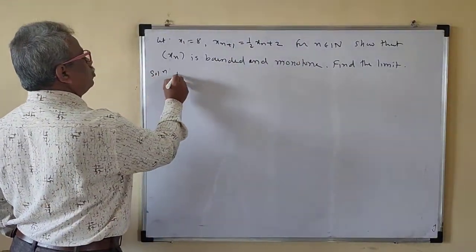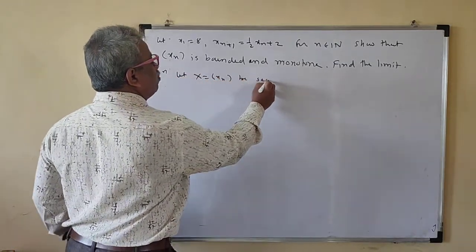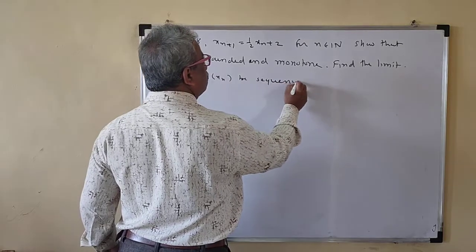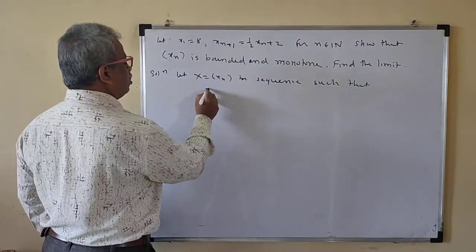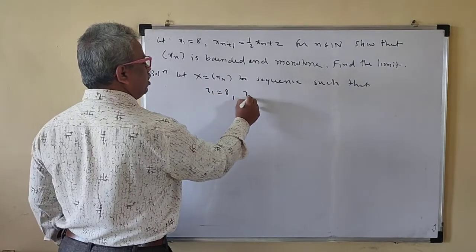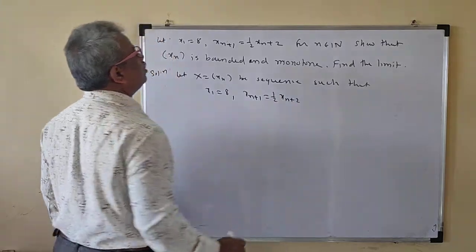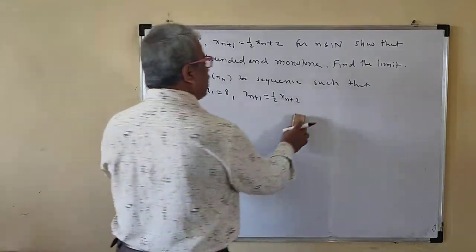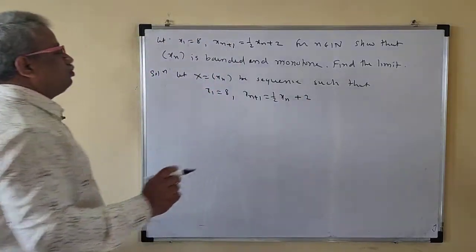Solution. Let x equal to xn be a sequence such that x1 is equal to 8, xn plus 1 is equal to 1/2 xn plus 2.